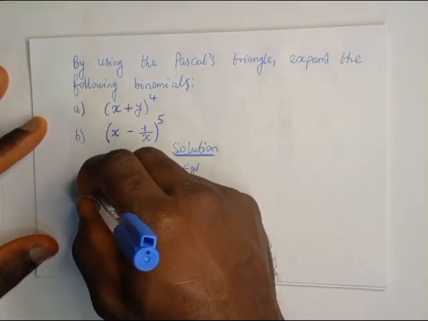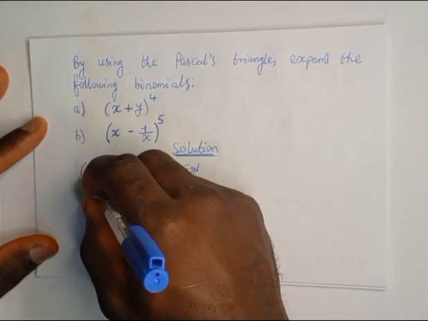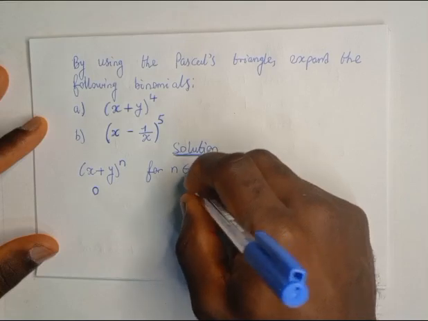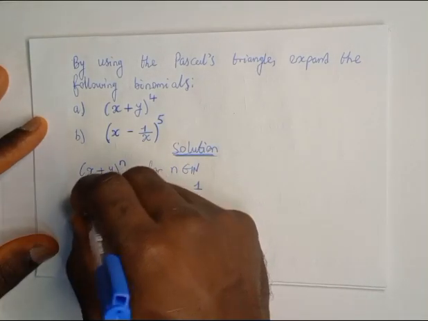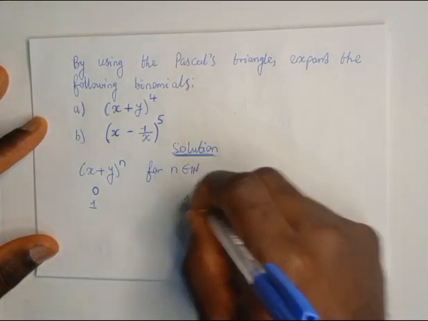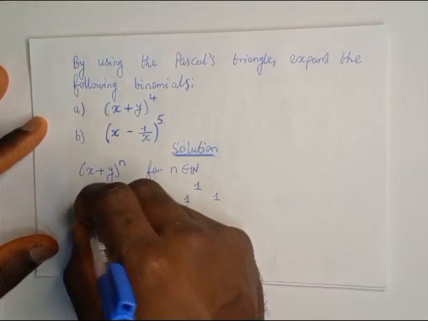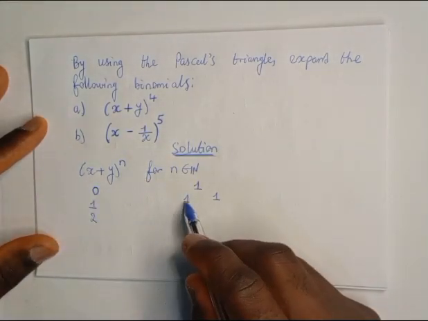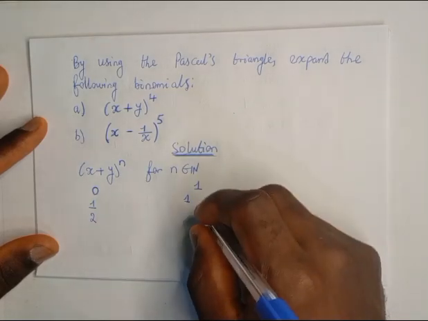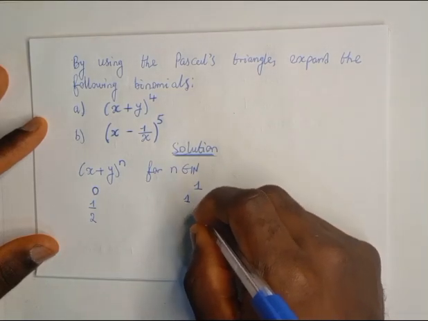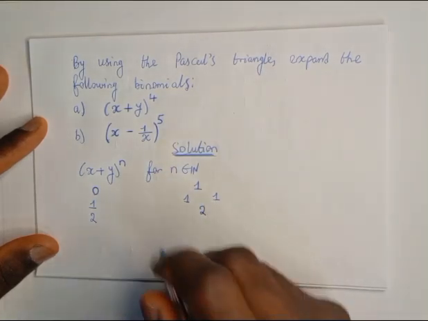When n is 0, we have 1. When n is 1, the coefficients we have are 1, 1. When n is 2, we take 1 plus 1, which gives us 2. We write the 2 at the center of 1 and 1.